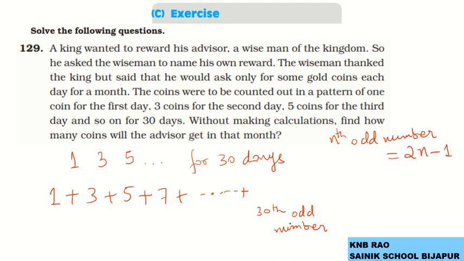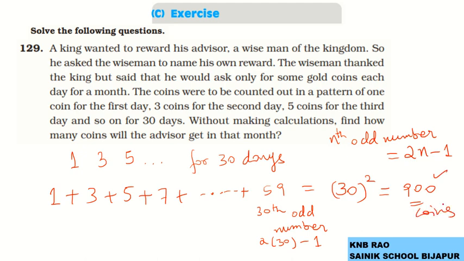That means the 30th odd number will be 2 into 30 minus 1, which means 59. And the sum of the first 30 odd numbers will be the square of 30. So without calculation we can say it is 900 coins that the wise man is going to receive. So this would be the right answer.